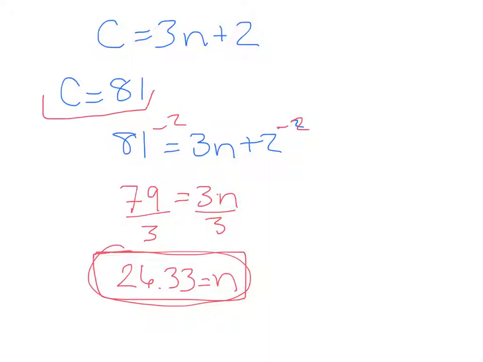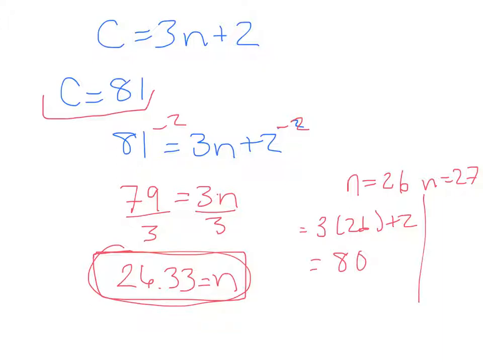So I'm going to try n at 26, and I'm going to try n at 27. So n at 26 is 3 times 26 plus 2. 3 times 26 is 78, plus the 2 is 80. You can show that step, I'm just doing it quickly here. So obviously there's a chair missing, right? We can't just tell one kid to stand.